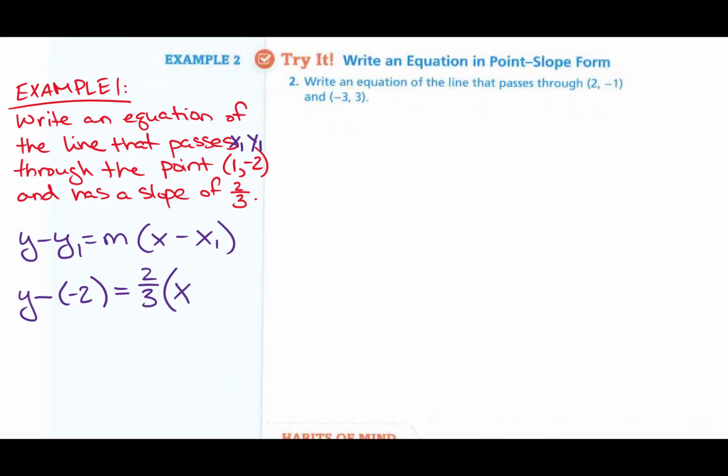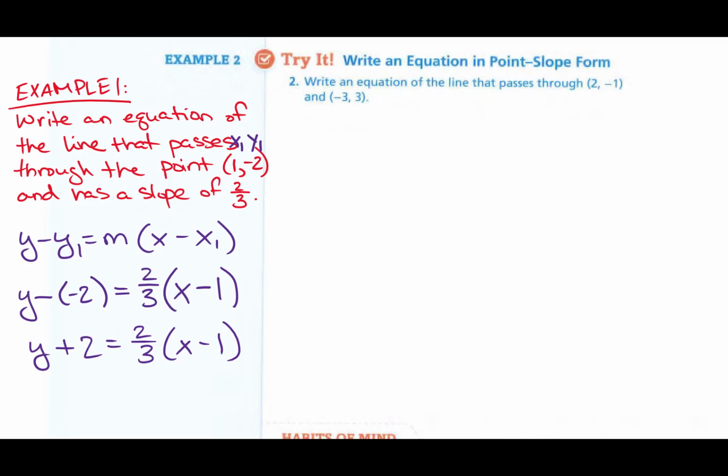We're just going to plug in the ones with those subscripts. And then minus my x1 up top, that was a 1. Now we're not going to do too much simplifying. We're going to leave this in point slope form, but we do want to simplify this double negative idea. So we'll say y plus 2 is equal to 2/3 times x minus 1.